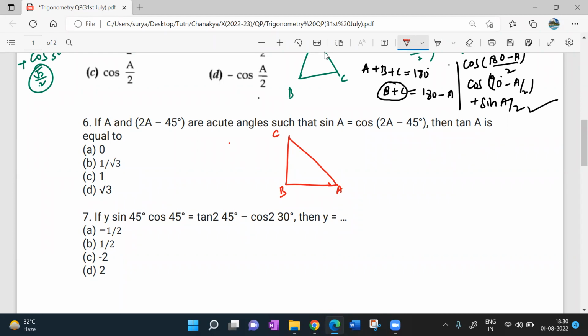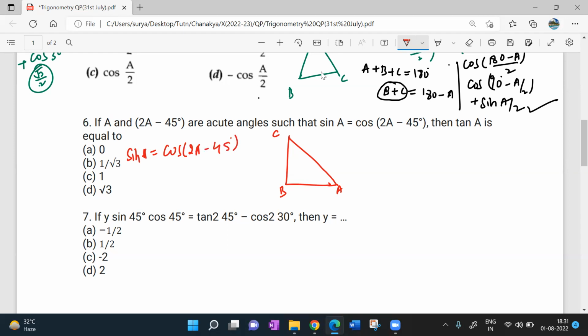Actually, we can find out very easily this question. It is a tricky question as well. It is not that easy to get the answer quickly. I'll tell you. Wait. What he has given here, let me write. Sin A is equal to cos of 2A minus 45 degrees.